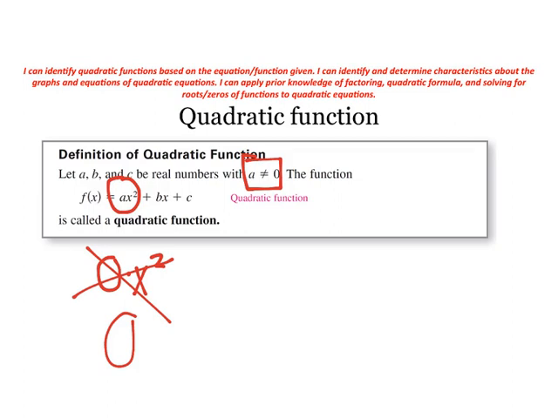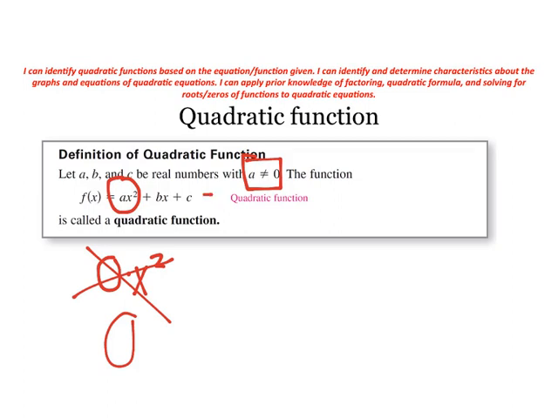If you don't have the x squared term, then it is not a quadratic function. So that's all that means. You're not going to get quizzed on that or anything necessarily, but that is a part of the definition where for it to be quadratic, you have to have at least one term that has a variable raised to the second power. And that's it.